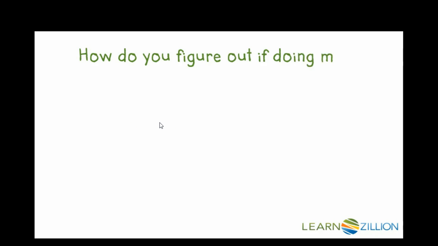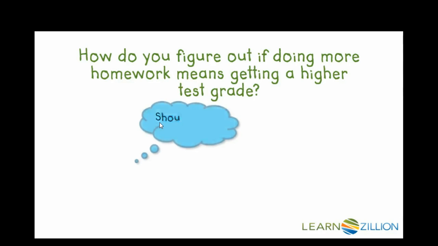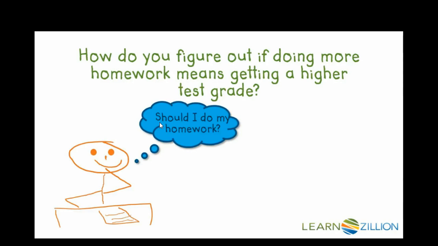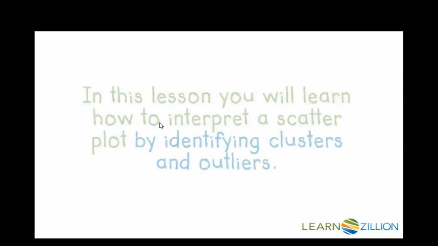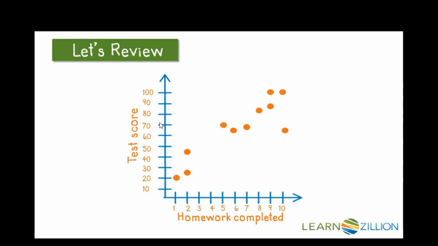How do you figure out if doing more homework means getting a higher test grade? In this lesson, you will learn how to interpret a scatter plot by identifying clusters and outliers. Let's review scatter plots. A scatter plot is a pictorial representation of two pieces of data that have been collected from the same source.